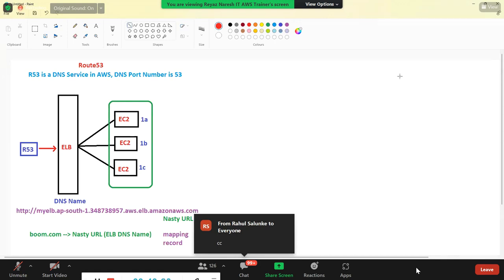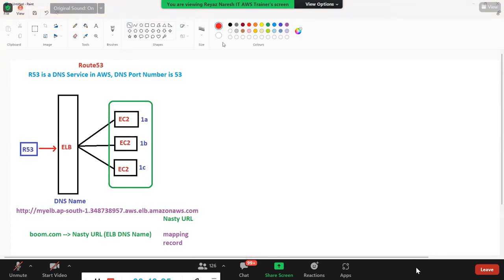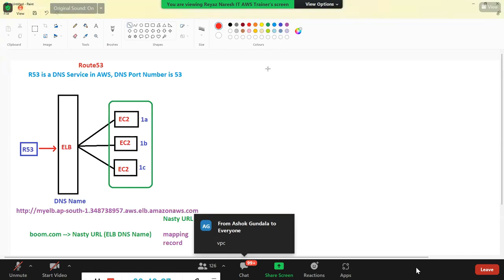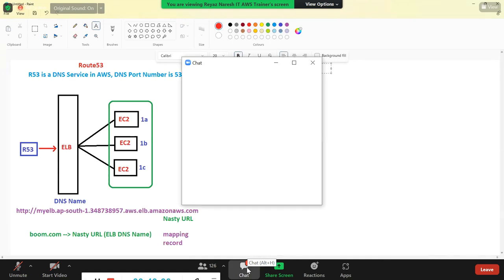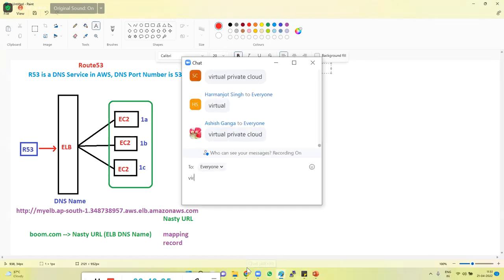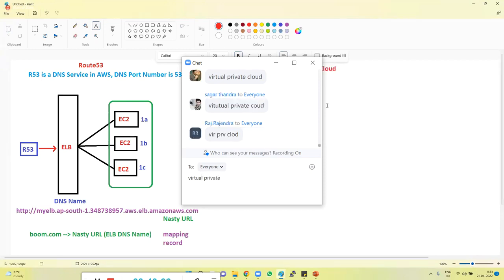And now we have VPC, that you know already, right? What is the full form of VPC? Virtual Private Cloud.